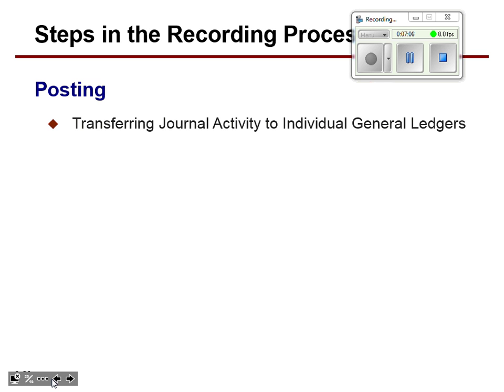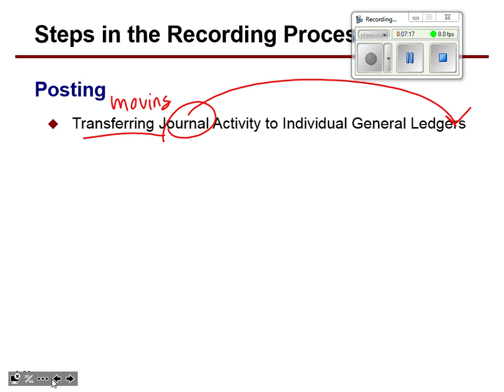The idea of posting is transferring, or what I like to call moving, what you did in the journal to the ledger. We're going to learn what a ledger is in a minute too. But posting is the idea of just taking something from the general journal and shoving it over to its appropriate ledger account.